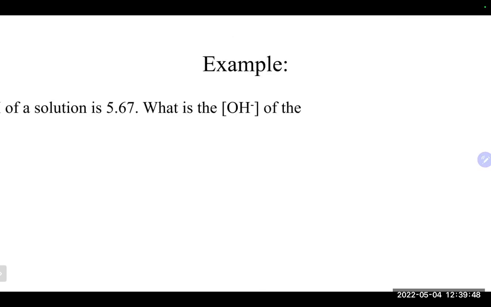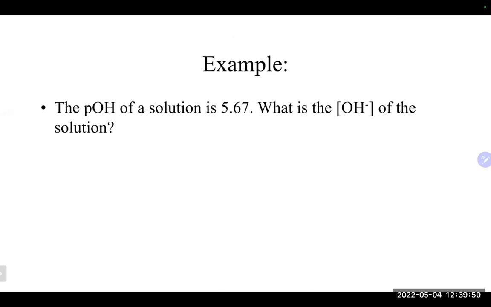All right. One more. What is the OH minus concentration here if you have the pOH of 5.67? Okay, so we got the pOH. So once again, we can get directly from that measurement the OH minus concentration. Nice thing is they're all kind of the same calculations, just put the right numbers in there.